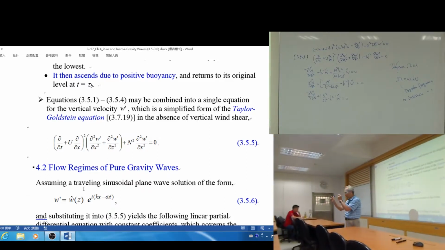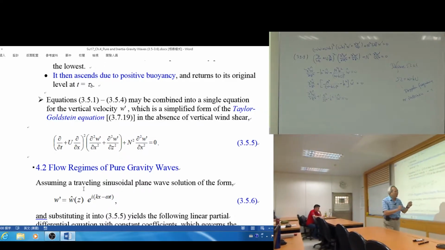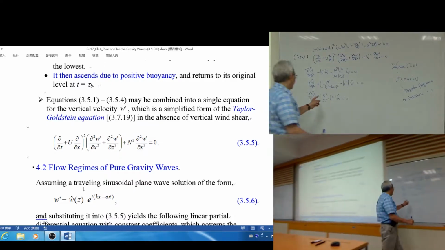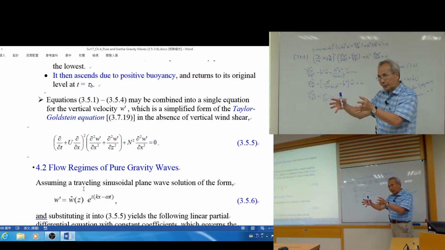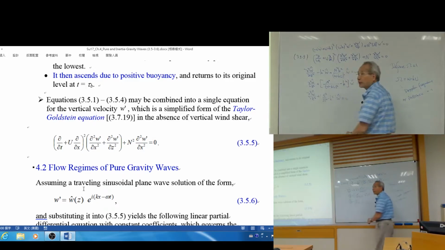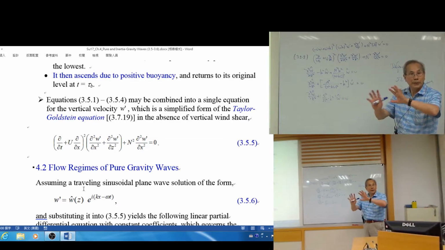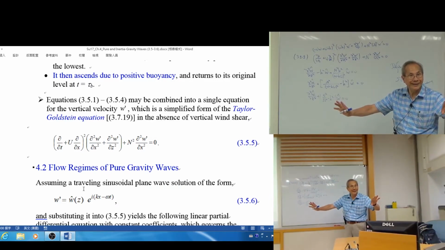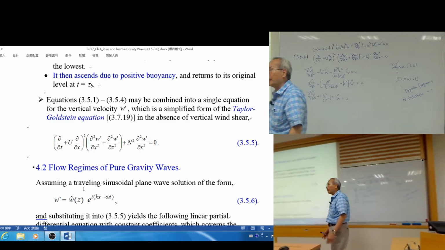There are two different regimes. When the first term, N squared over Omega squared, is greater than k squared, you have one type of solution. And when N squared over Omega squared is less than k squared, then you have a different type of solution. So there are two different regimes. The wave behaviors are different.